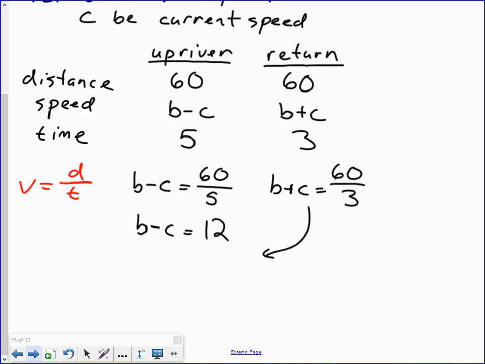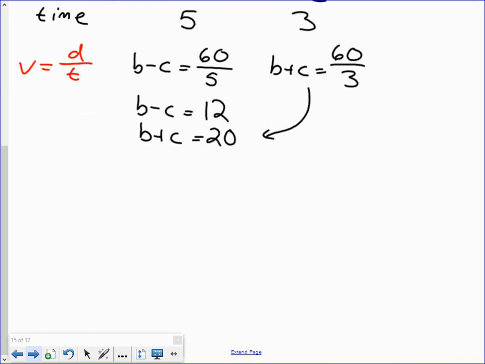We'll put this one down here. B plus C is 60 divided by 3 is 20. We can add these two equations because the C's are going to cancel out. This is perfectly set up to use elimination here. 2B equals 32. B is going to be 16.